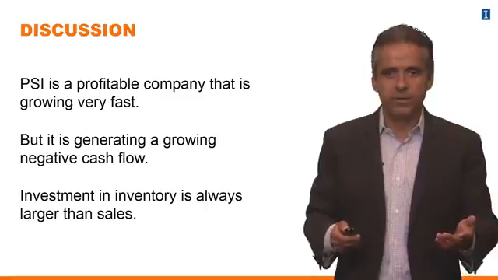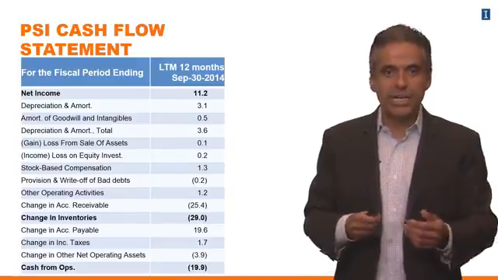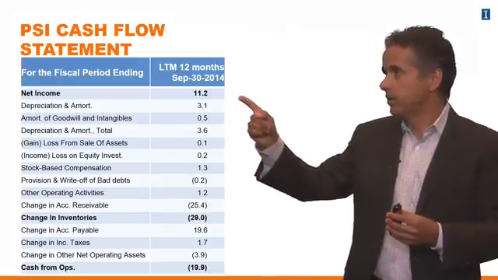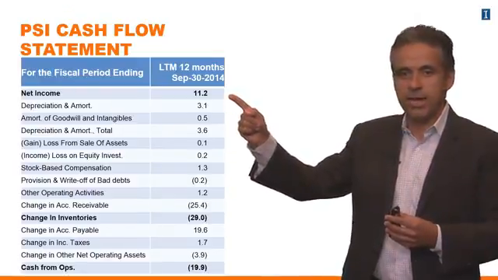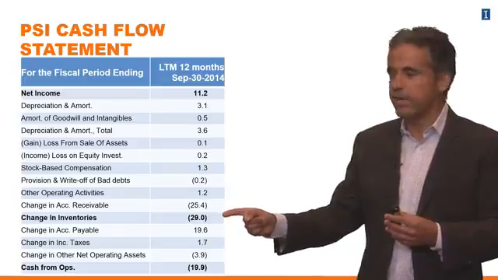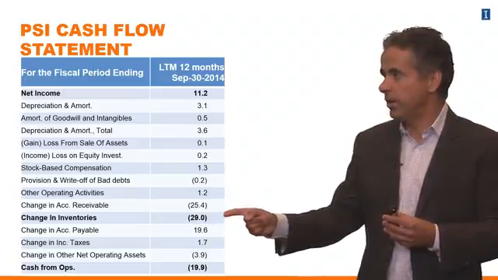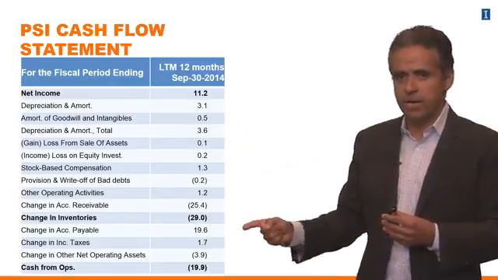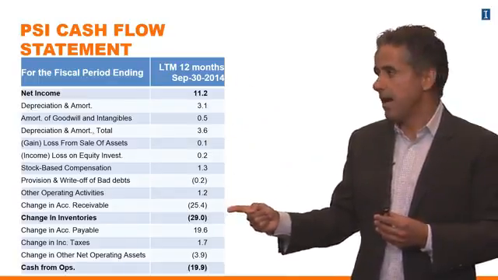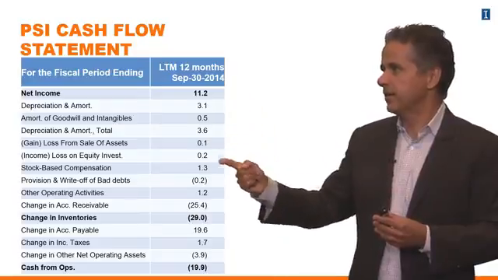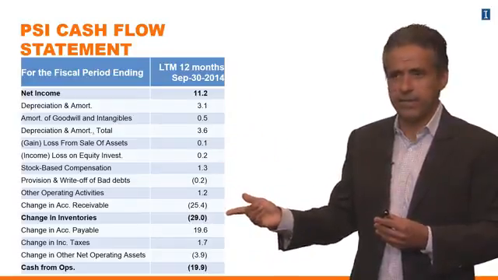So your cash flow is always negative. And if you look at the cash flow statement for the company, that's exactly what you see. The company is profitable, you're generating a positive profit, but the amount of your investment in inventory, which is highlighted here, for example, for the year of 2014, was minus $29 million, which is significantly higher than the profit that you're generating.